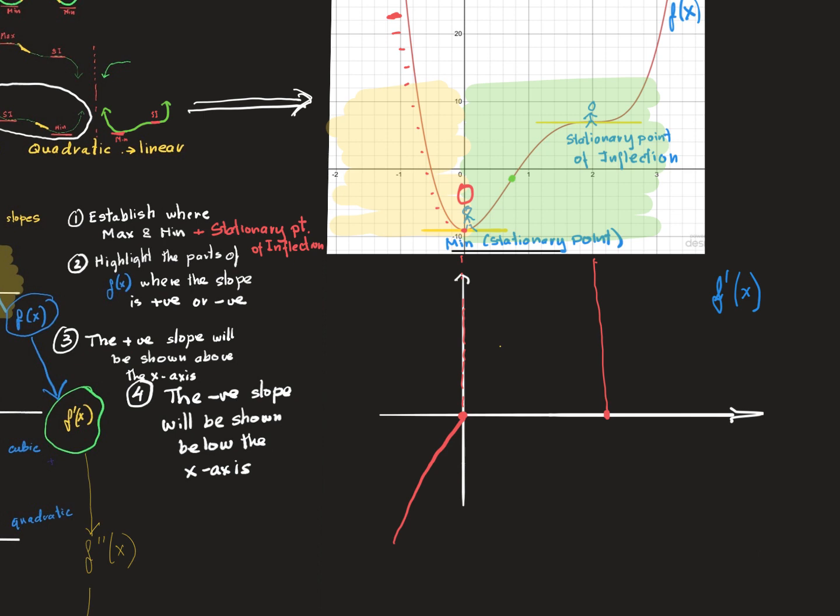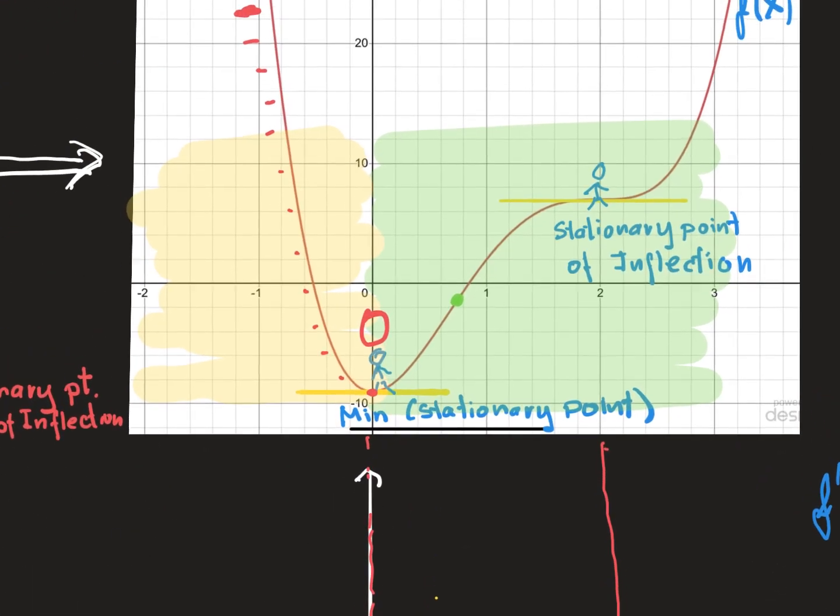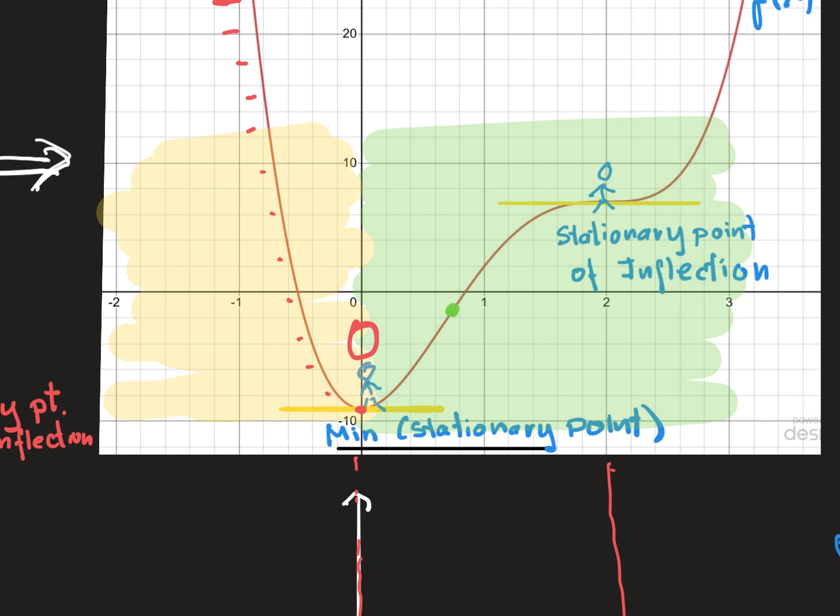And I'll show you why this is happening over here. So if I go and examine that one very carefully, our slope starts off positive. Its gradient begins to get larger and larger until somewhere about there, it's quite steep. But once you get over that, it begins to decrease.